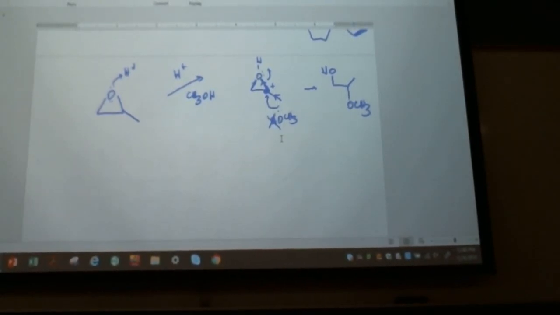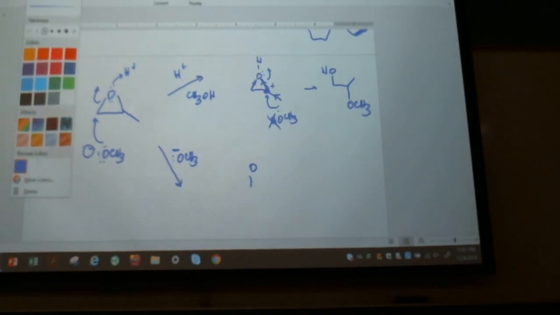Now, if you open that under basic conditions, then your strong nucleophile is going to go to where it's easier to approach. And where it's easier to approach is the least substituted carbon. It's more open, it's less sterically crowded. And so now we don't have H+, this is an alkoxide ion.